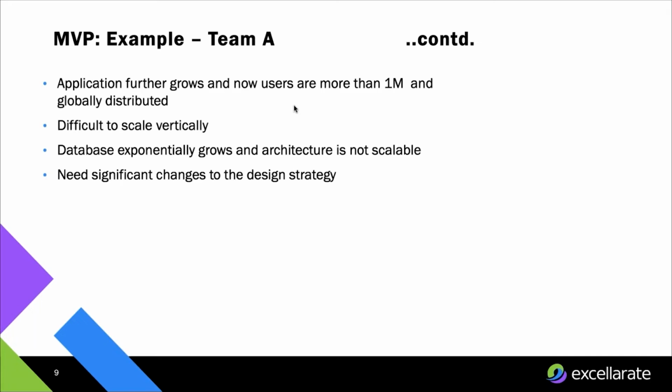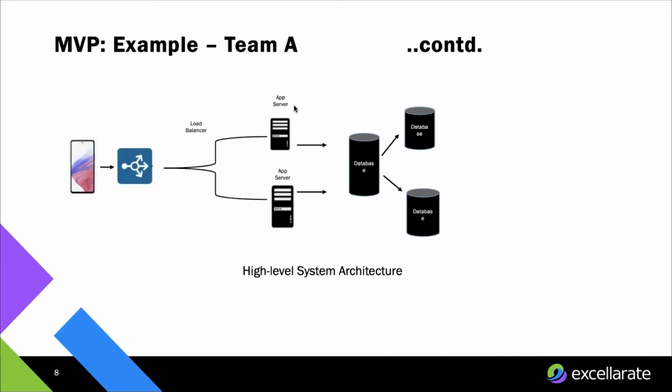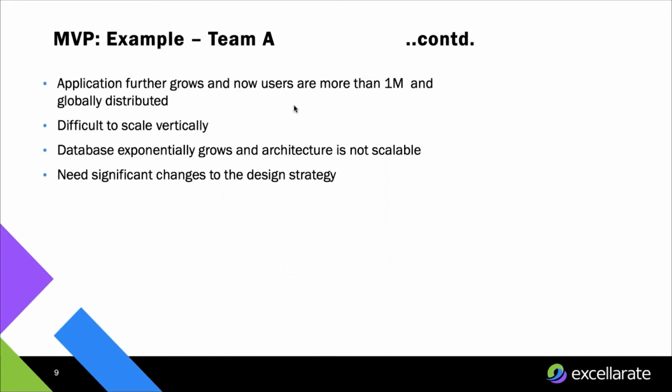Rohit, you say the team needs significant changes to the design strategy. Why is that? If you look at the architecture, you have the application server and you have the database. That's what you try to do in order to scale, but there is a limit to it. The development team did two things: first they tried vertically scaling by adding CPU, RAM and more resources, then they tried adding more servers by horizontally scaling.